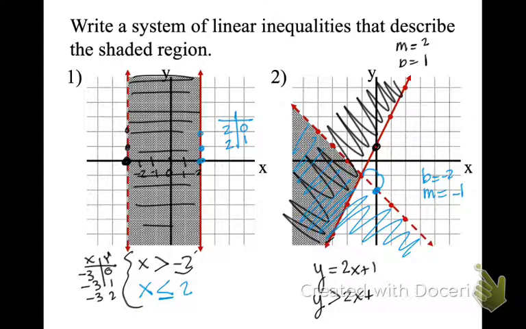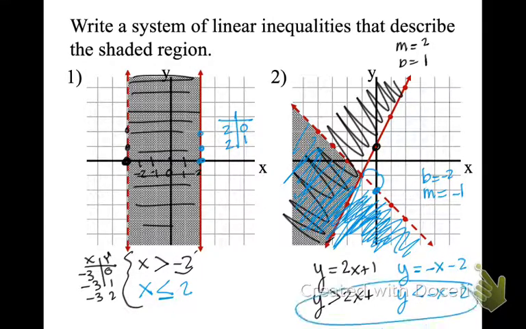So this is going to be y equals -x minus 2. But we need the symbol. The numbers that it's shading on the y-axis are below that -2, so it's going to be y is less than negative x minus 2, and it's dashed.